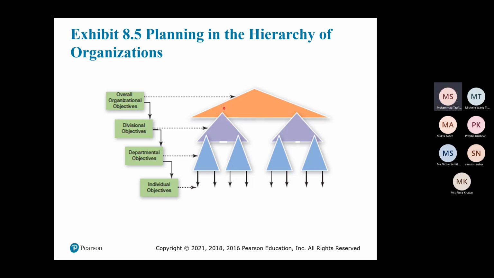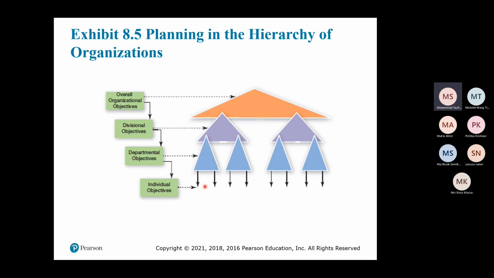Okay, so they will talk with the top management. They decide, okay, this is the objective that they will design. Okay, and then the department manager also will talk with the division manager, and they will agree what kind of objective they want to achieve. Okay, and then lastly, on the employee level, they also will communicate with the department manager, and then they will decide what kind of objective they want to achieve.